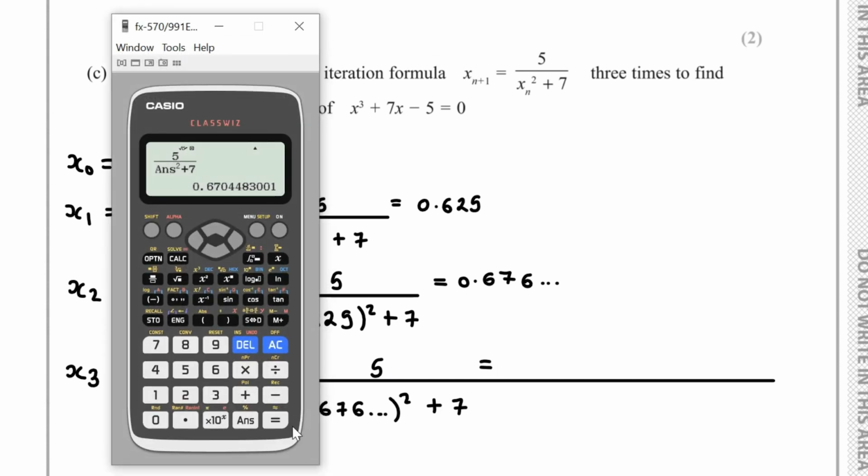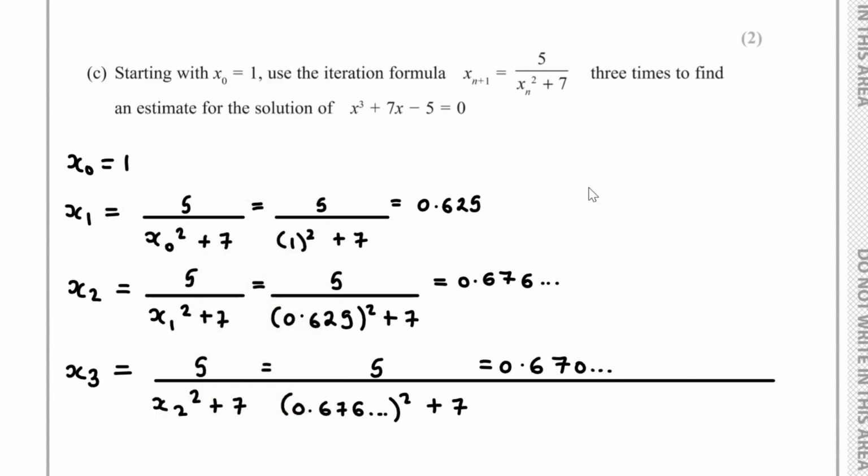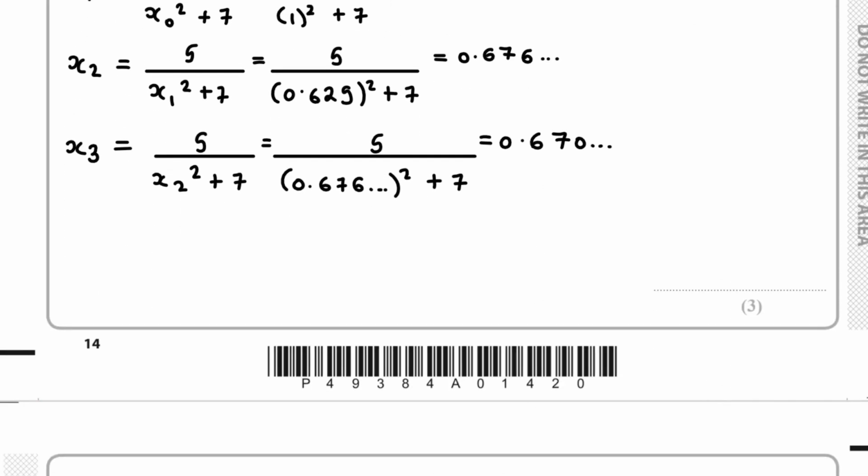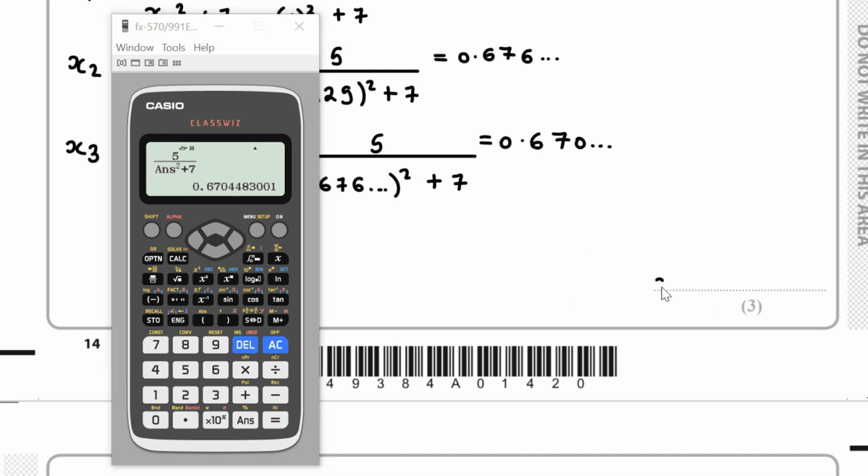So if I work this out, press equals again, we get 0.607670 etc. So this is the value of x3. Okay. So now, if we were to write out the full solution, we've got x equals 0.670448 etc. That's the full solution.